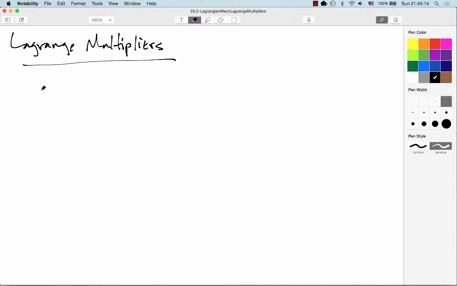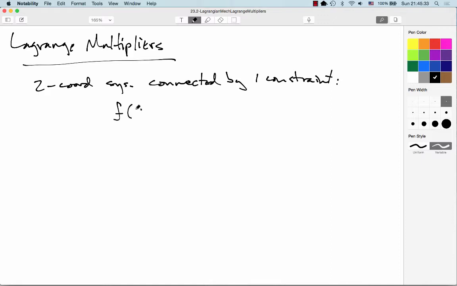So just for the moment, let's look at a two-coordinate system connected by one constraint. And remember, in general, we can write our constraint as f of q1, q2, and the time equals 0.